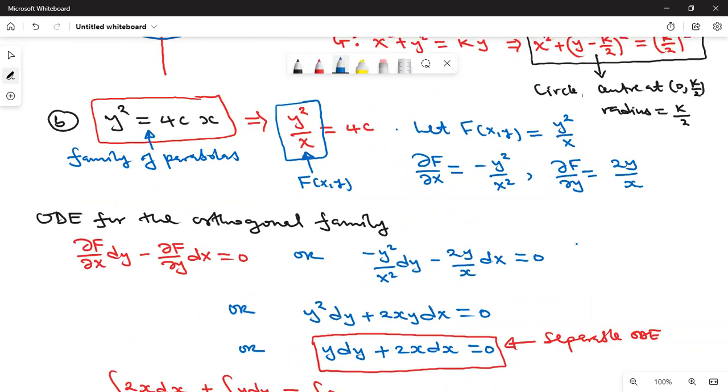And you see, when you talk about parabolas, there are some things you need to mention. So that is the family of parabolas having vertices at the origin and foci on the x-axis.